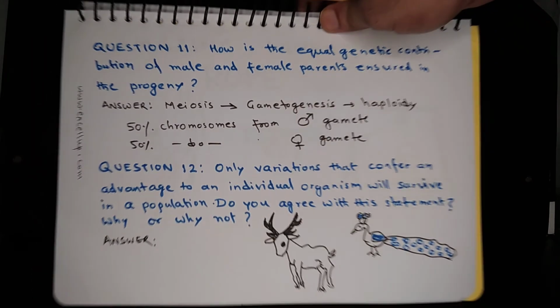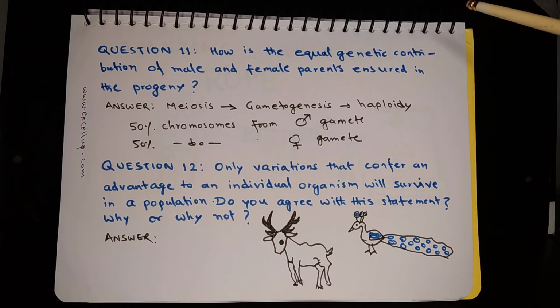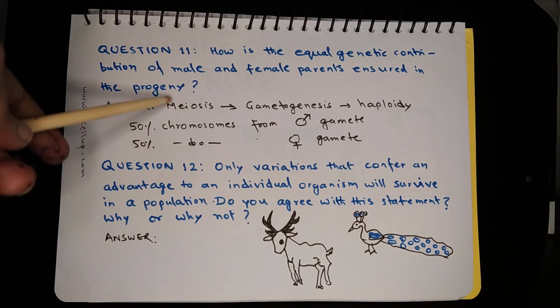Question 11. How is the equal genetic contribution of male and female parents ensured in the progeny? The formation of gametes, or gametogenesis, happens as a result of meiosis.